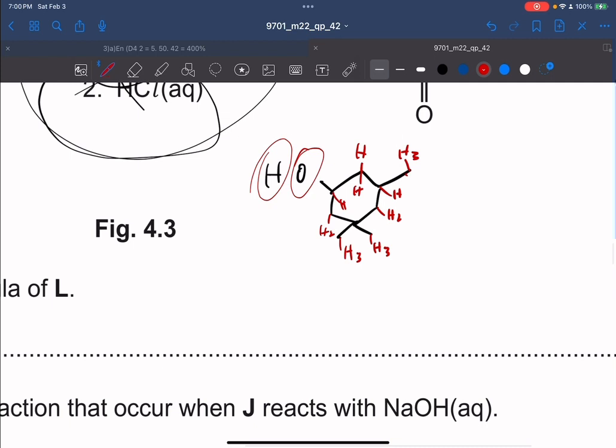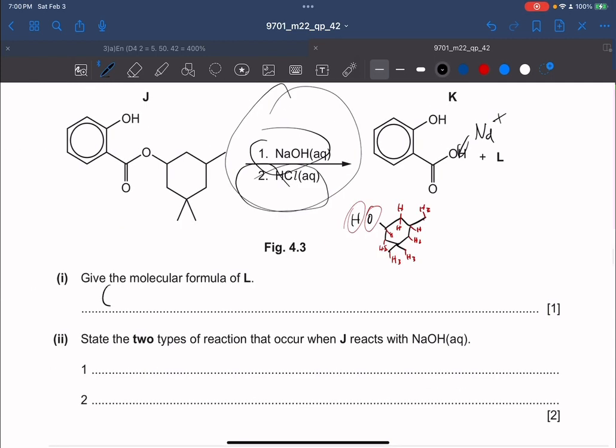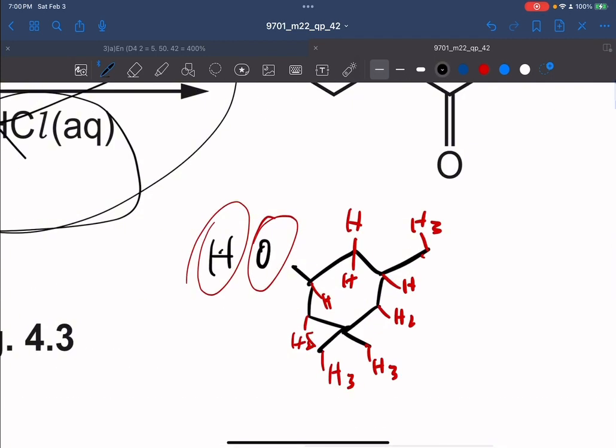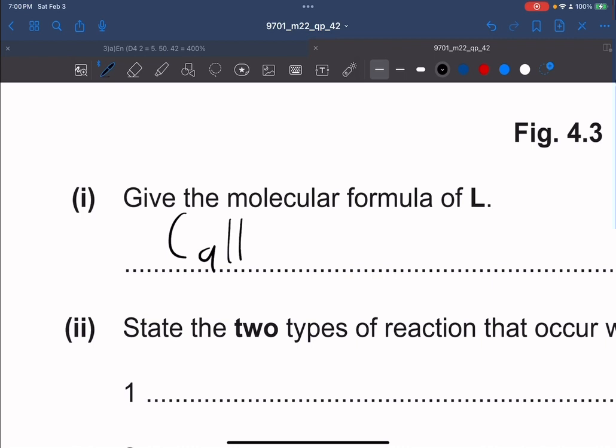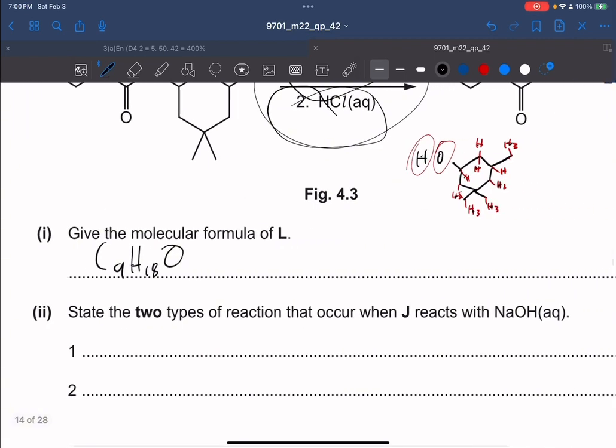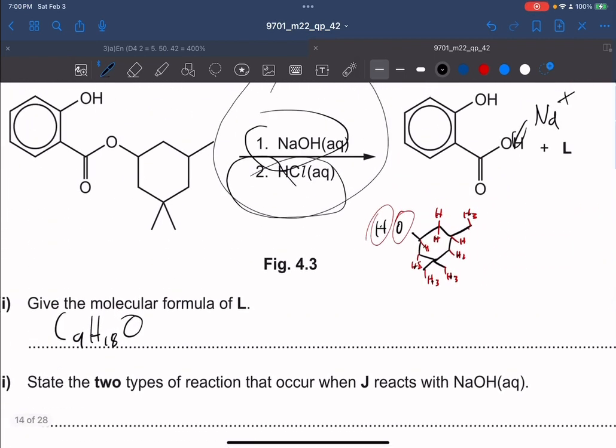Sorry, not 6 carbon, 9 carbon. So C9, and then on hydrogen we have 1, 2, 3, 4, 5, 6, 7, 8, 9, 10, 11, 12, 13, 14, 15. This is 2, so 16, 17, and then you have 1 last one there, 18. So C9H18O.